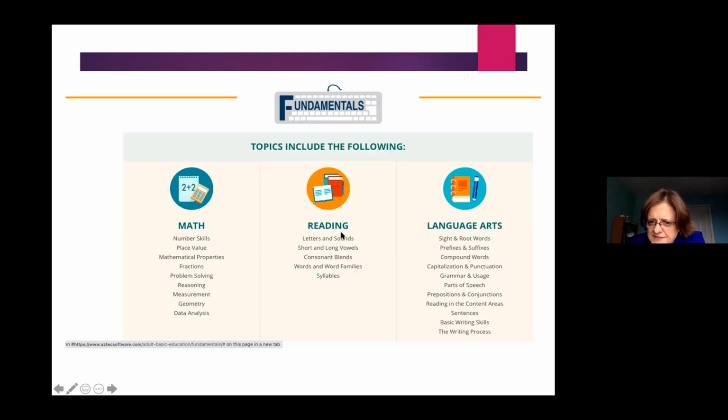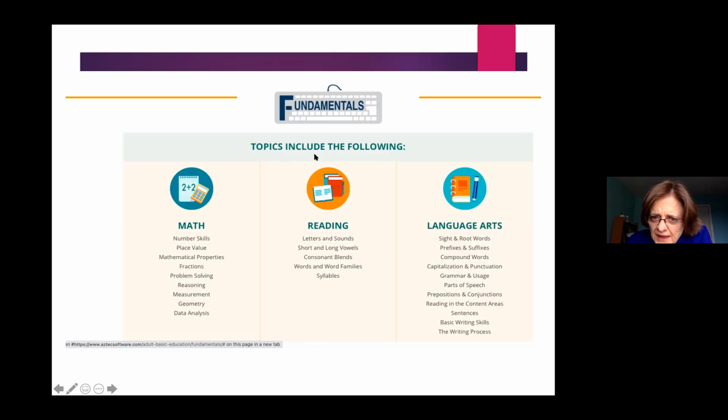As I said, this program has everything. You are learning how English words are represented in writing. I don't see how some of what they say is language arts isn't reading to me. Sight and root words, prefixes, a little bit of capitalization, punctuation, grammar, a little bit of reading in content areas. So a little bit of reading and writing here.